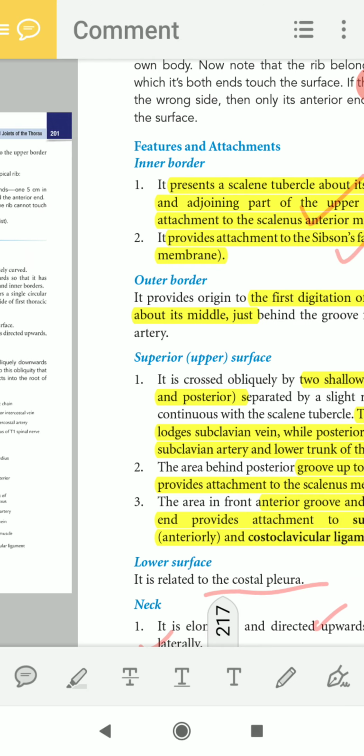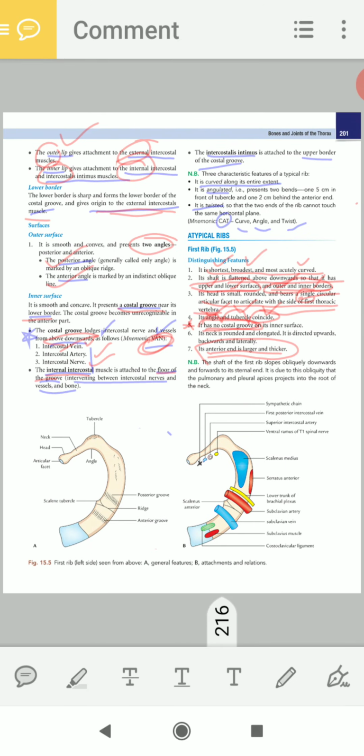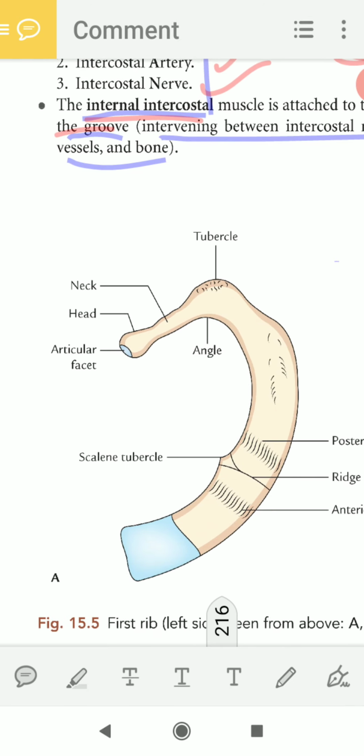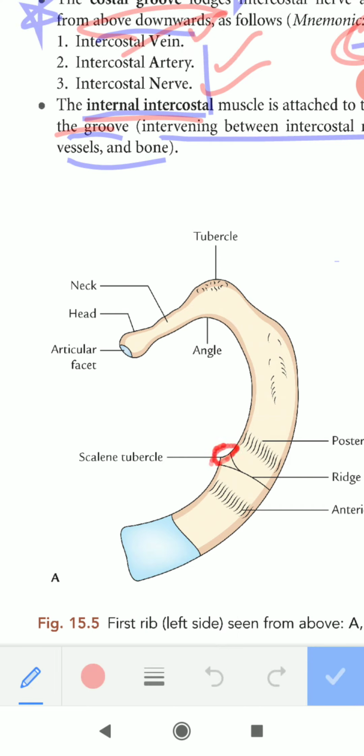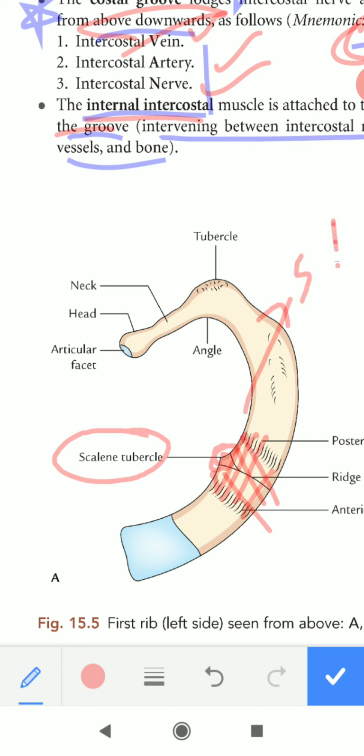So look at that. In the inner border, at the middle part, it has a tubercle. This is known as the scalene tubercle. With its adjoining surfaces, there is attachment of the scalenus anterior muscle, and also attachment of a fascia known as Sibson's fascia.